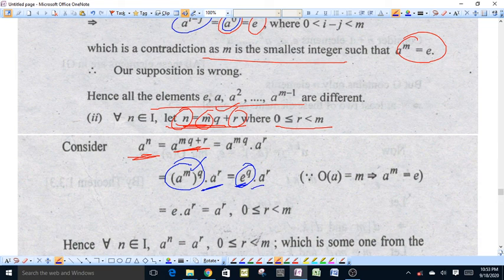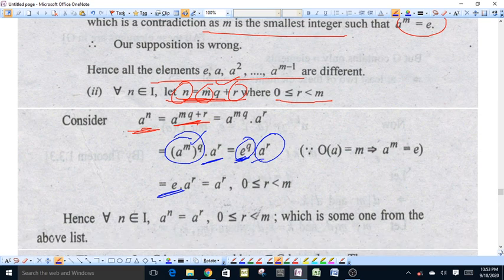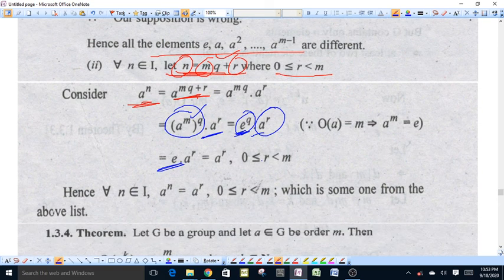Any power of the identity element e will also equal e. This means e raised to power q is equal to e, and e dot any element is equal to that element, so e dot a raised to power r will be equal to a raised to power r. That is, a raised to power n will be equal to a raised to power r.